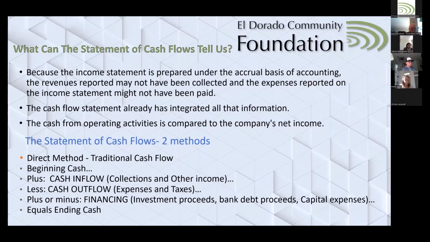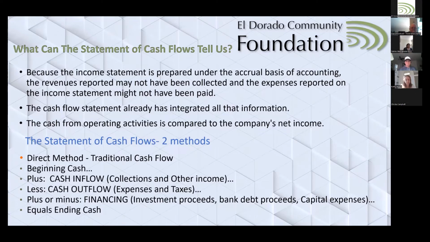You would minus out any cash outflow, any expenses, taxes paid, anything that you've paid out using money. And then you would minus any financing activities like investment proceeds, or if you've paid any capital expenses, etc. That would equal your ending cash flow. It's pretty simple. You take your beginning, you add what's come in, you minus what's gone out, and then you have your ending cash flow.